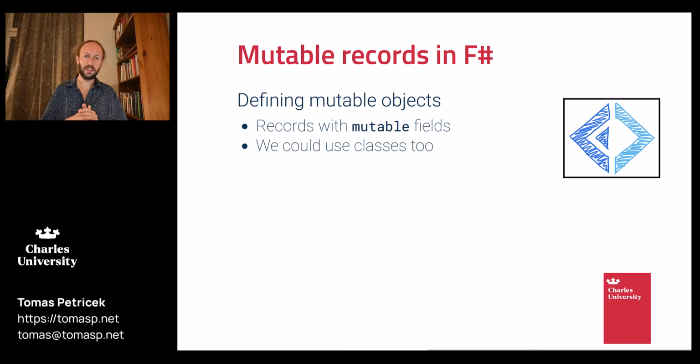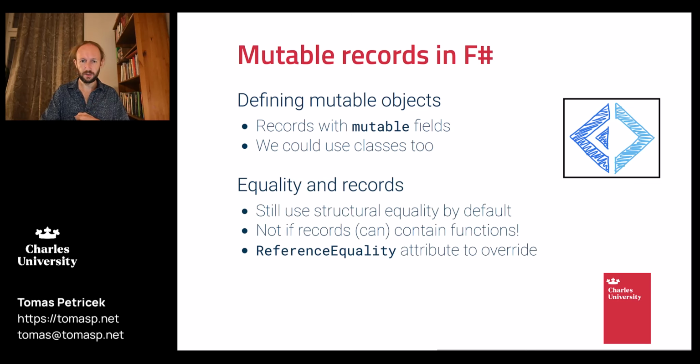But you can also define fields of a record as mutable, and then you can assign a new value to the field. The other option is that we could have used classes, and you can implement classes with mutable fields and mutable properties as well. Syntactically, using records will be a little easier.